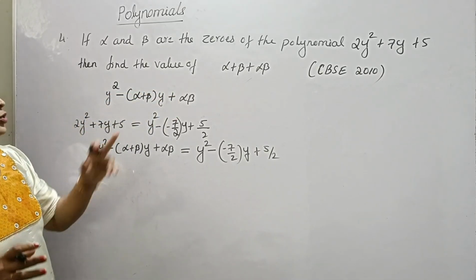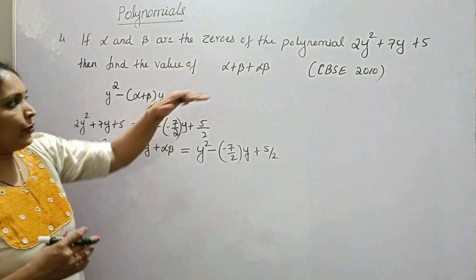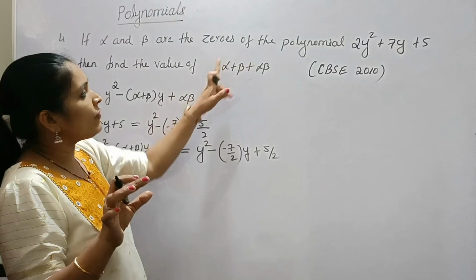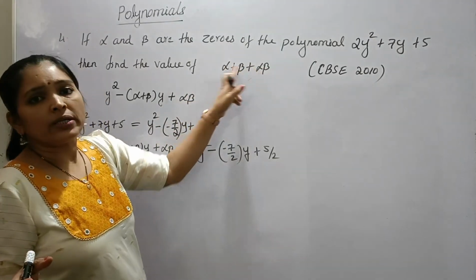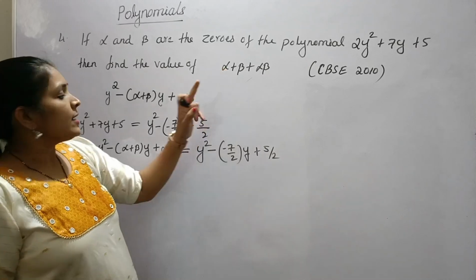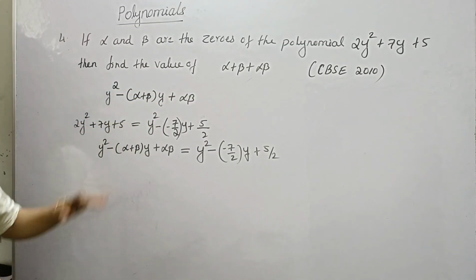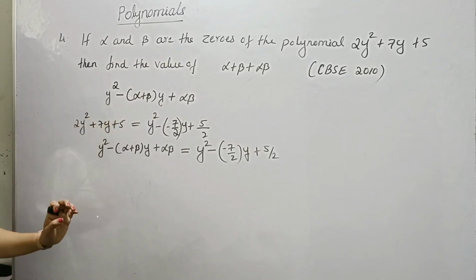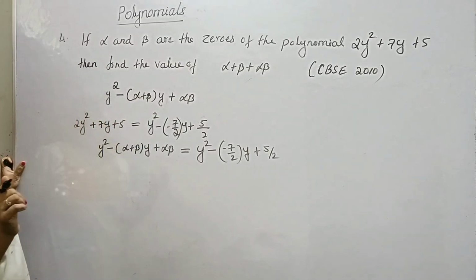Now we have to compare to find the alpha plus beta and alpha beta values. Right? See, if we know the values of alpha plus beta and alpha into beta, we can substitute them directly here. So to find alpha plus beta and alpha into beta, we have to compare these polynomials. To compare, we have to make the coefficient 1, right?